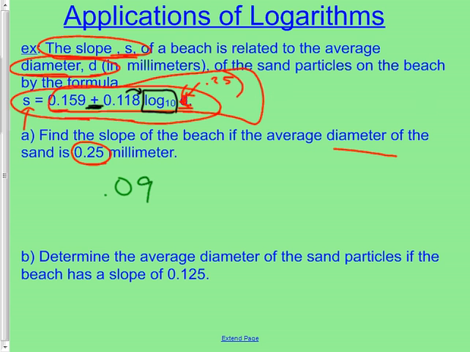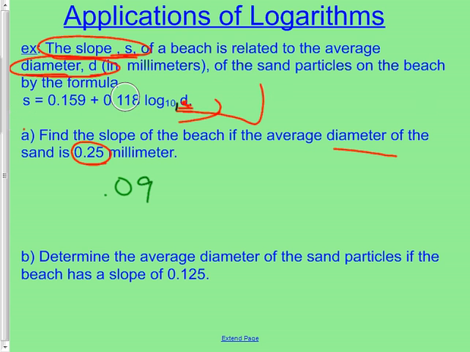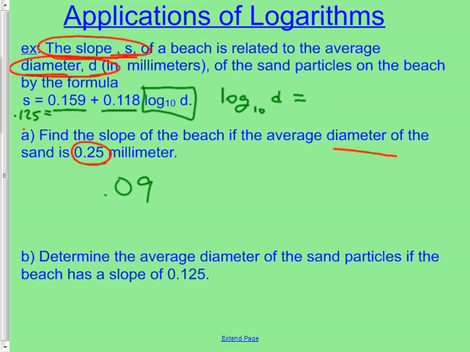Okay, so then where do you put that? You put it in for S, and you say this is 0.125. Then you solve it by getting the clump alone. That's the clump. So I subtract this, then I divide by that, and at the end it's going to say log base 10 of D equals, what did you get for that decimal?